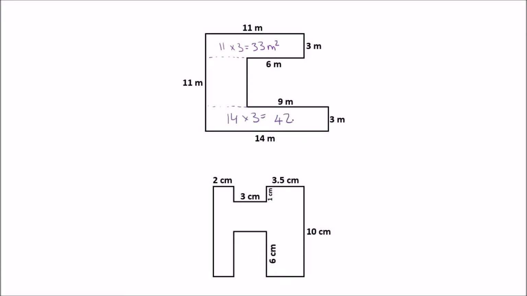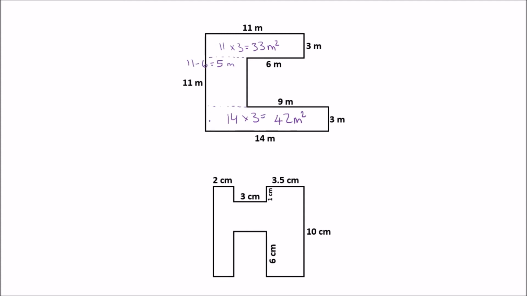This one in here, we need to work out the distance along here and the distance along this way as well. Along here we could use this 6 meters and the 11 meters here. So we take the longer one minus the shorter one to get our remaining 5 meters. So it's 11 minus 6 being 5.